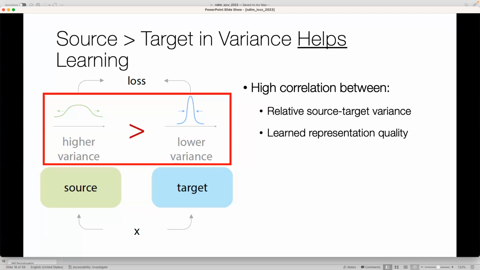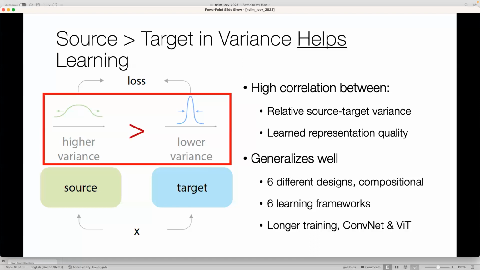And there's a high correlation between this relative source-target variance and the learned representation quality. And we find this observation generalizes really well. We tried a lot of different self-supervised frameworks, and it generalizes to all the settings we have studied.